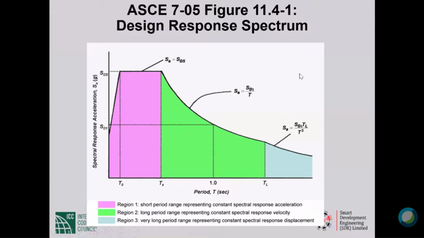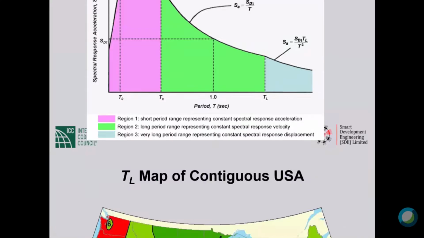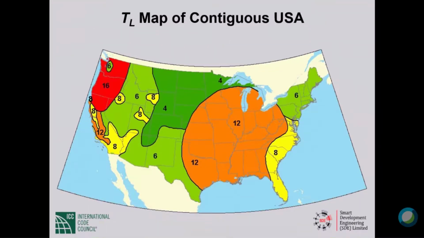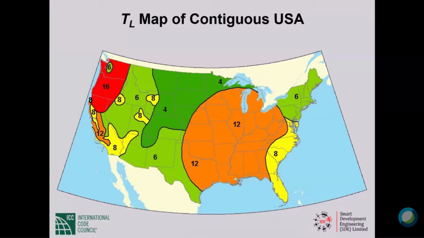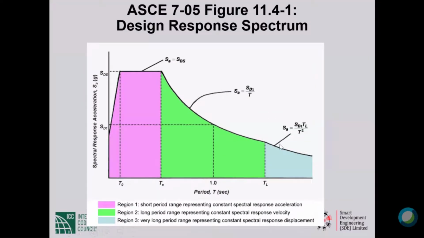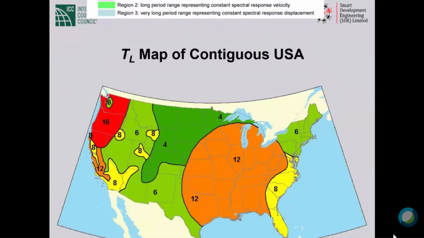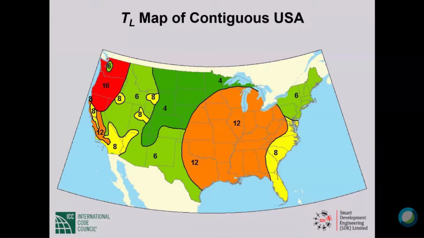Also, now we know that the spectrum corresponds to the design earthquake, 2/3 of the maximum considered earthquake. The only quantity other than S sub DS and S sub D1 that we need to know in order to define all three branches is T sub L, the long period transition period. For the United States it is plotted, and you see that the values range between 4 and 16 seconds.